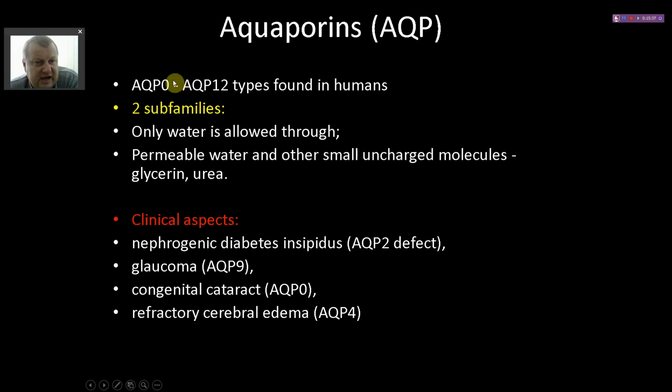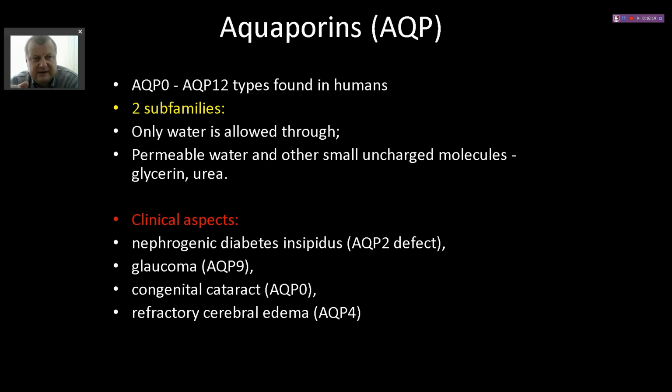And there are some types of these proteins. The numbering starts from 0 till 12, found in humans. And there are 2 subfamilies. The first of them allows only water through, it is just for water. And the second subfamily provides penetration for water and other small uncharged molecules, for example, glycerin or urea.